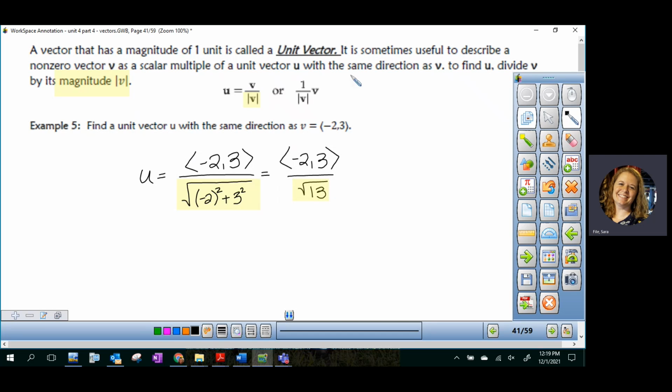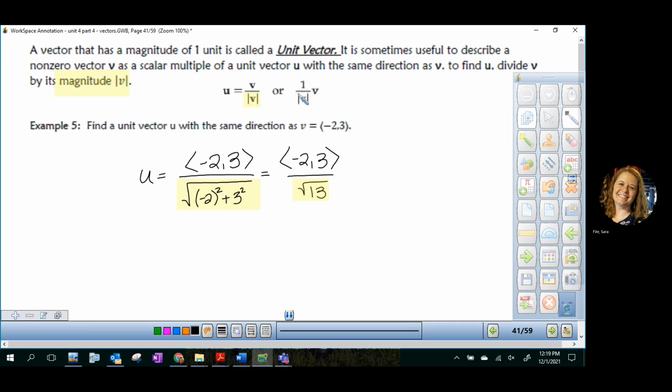Now you can see here, it says, if it makes more sense to you, you can write it this way. You can pull that denominator out as a scalar being multiplied, 1 over that magnitude. So what I'm about to write is not required, but it may help as a visual for some of you to see. If I pull out that square root of 13 denominator, it's 1 over square root of 13, right? There'd be an understood 1 here times the vector.